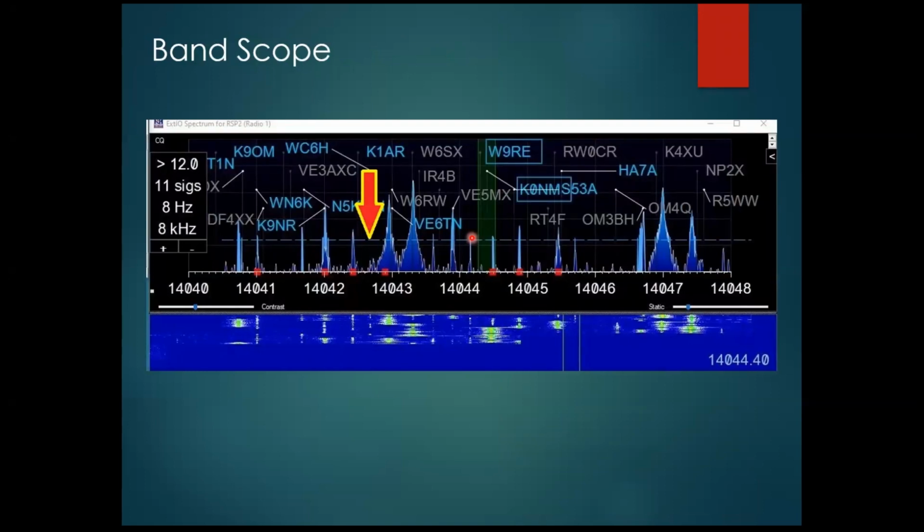When I started doing these spots and things like that, there weren't that many people talking about this stuff. It's becoming kind of old hat, but one thing that still confuses some people, as I run across every now and then, is the band scope in N1MM. A lot of people said they didn't like to use N1MM's band scope.